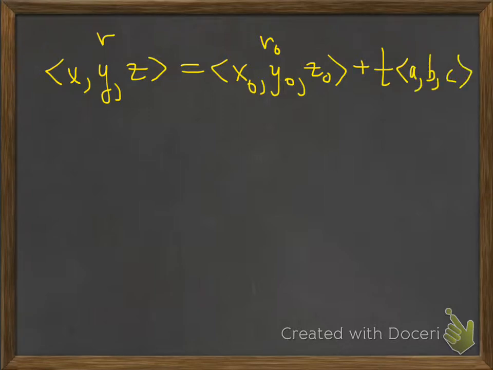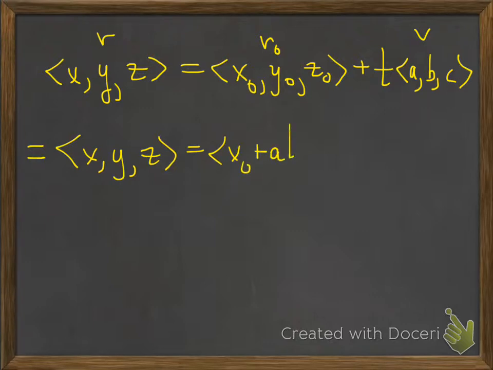We just arbitrarily made that up, and that is fine. Well, what does that mean? That means that I can write this vector x, y, z as x naught plus at for the x-coordinate, y naught plus bt for the y-coordinate, and then z naught plus ct.